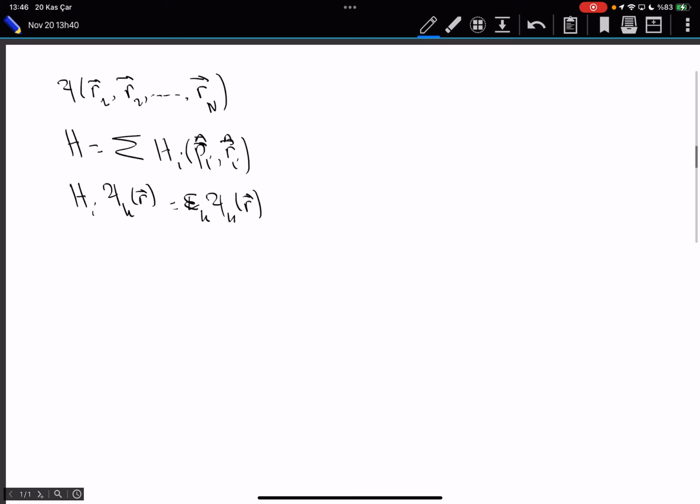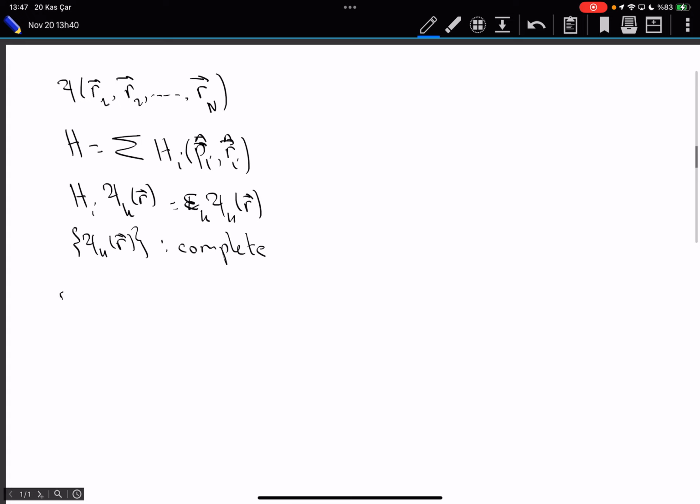Note that I don't put any i over there, because all the h_i are identical. The only difference between the different h_i's are the arguments. They are the momentum and the coordinate of the particle. Now, you see these psi k's are complete. They are the eigenstates of our Hamiltonian.